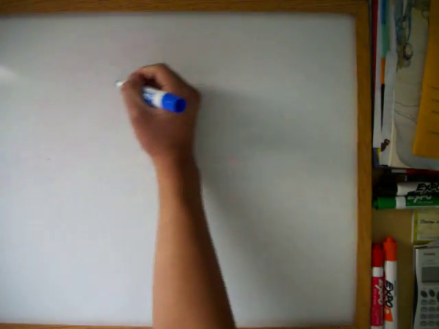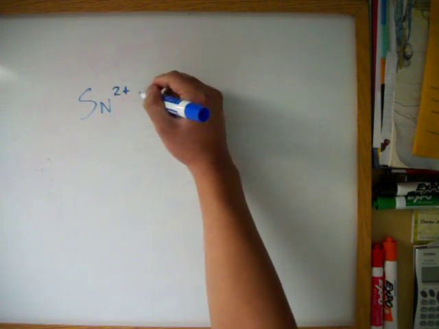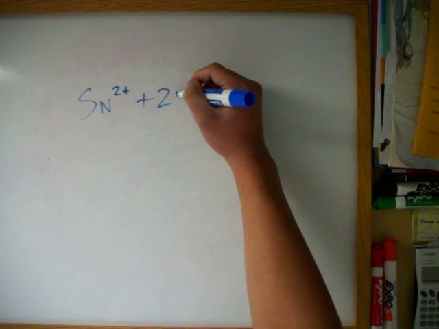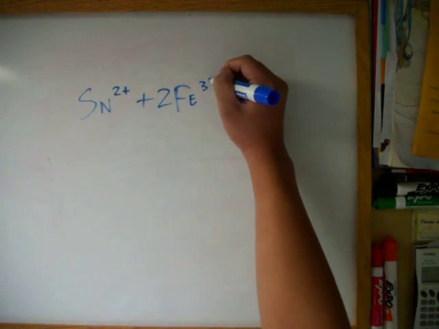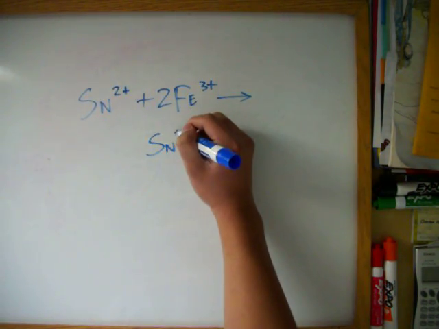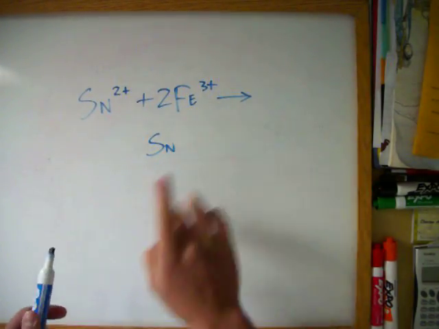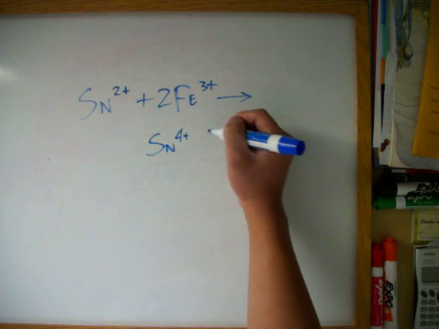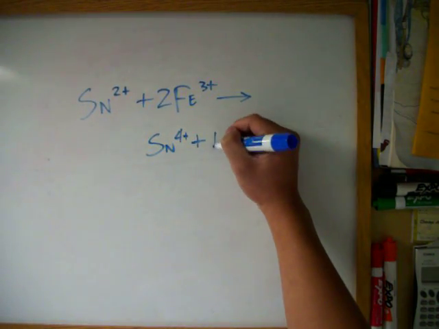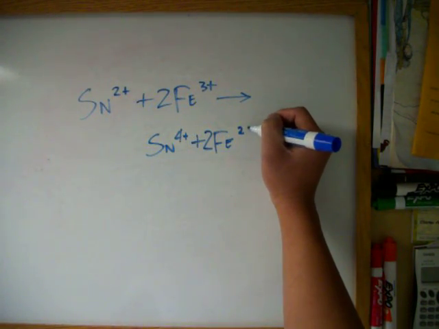Okay, so I'm going to do this. Sn2+ reacting with 2 Fe3+, producing Sn4+ and Fe2+.